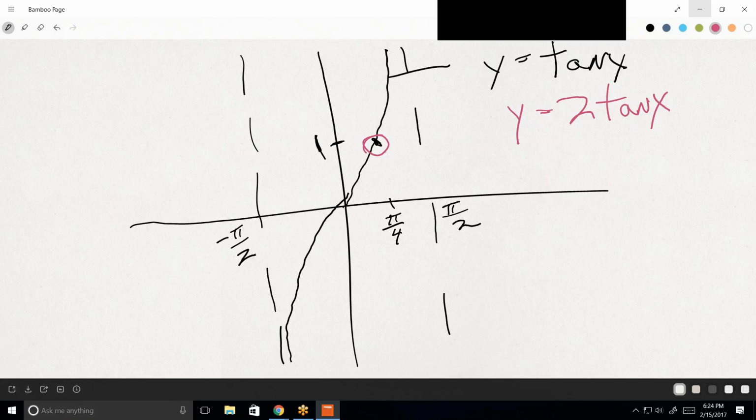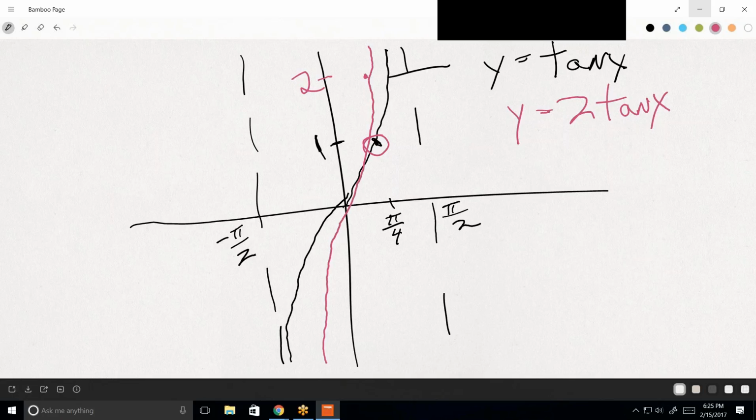That's the way I tend to think about it. In other words, this point that I've circled is actually going to come right there at 2. So now, if I draw the same curve, it looks more like this. Right. And that's what a vertical stretch of the tangent curve is going to do.